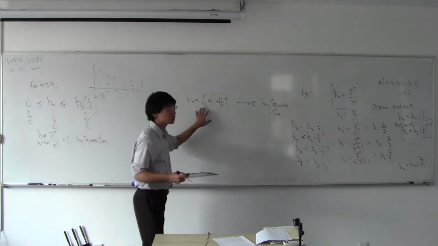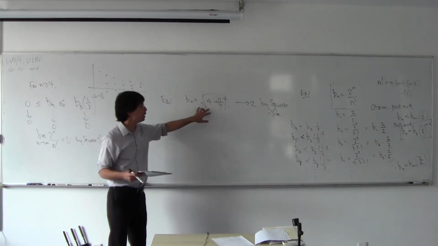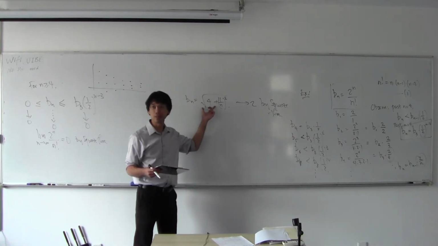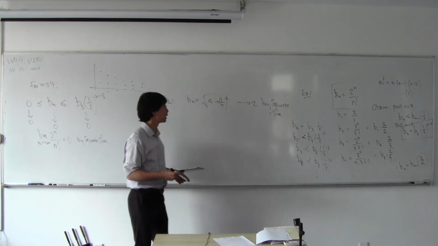Okay, so let's go back to this example. When you solve this, what do you think when you see this? You think, well, this 1 over n squared is going to go to 0, so this is going to be the square root of 4, right? That's really what you think.